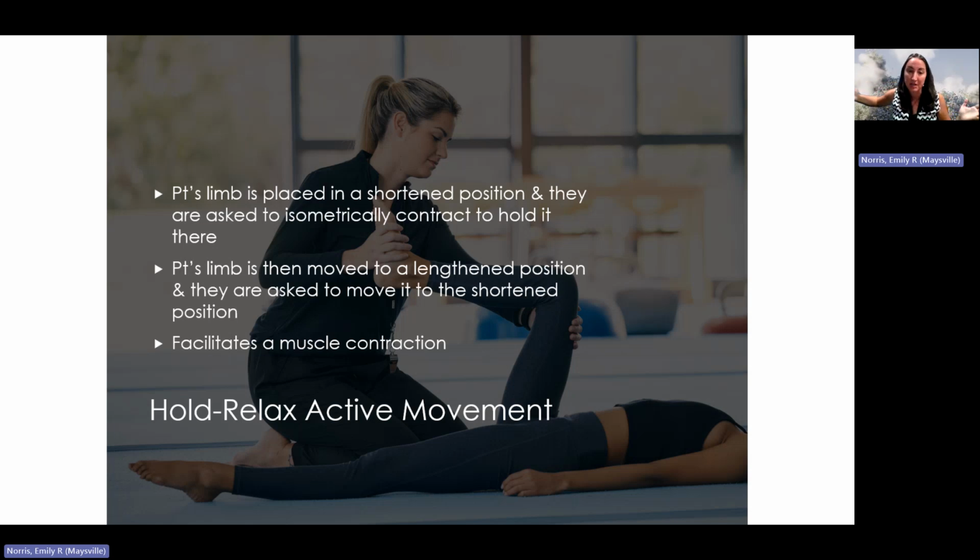I'm not giving you the best cues right now, but you can say pull back to that position, or bend your elbow back, depending on what joint you're working on, and then they bend it back to that position. You can use a little bit of light resistance to help facilitate the movement if necessary, but your goal here is to facilitate a muscle contraction.